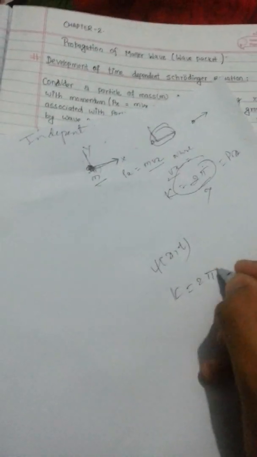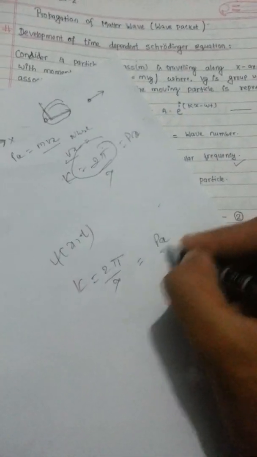We know that k equal to 2 pi by lambda, and another is k equal to px by h cut. Here we write px because it is along the x-axis.